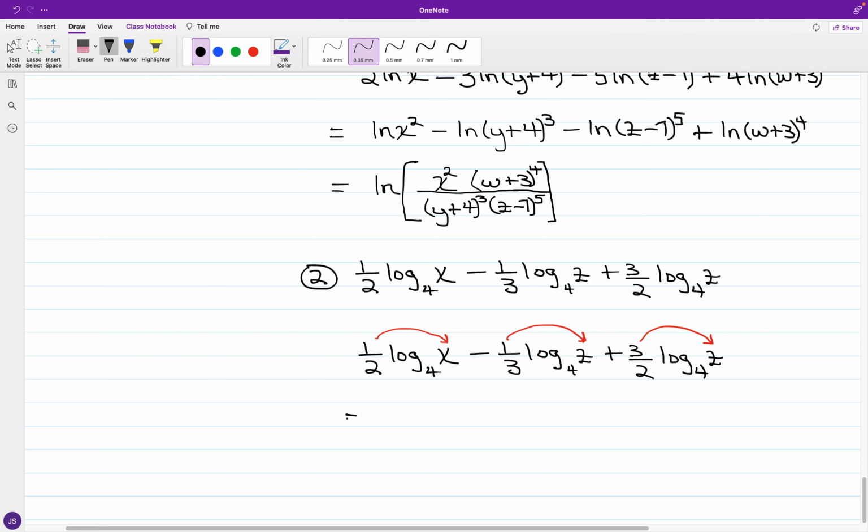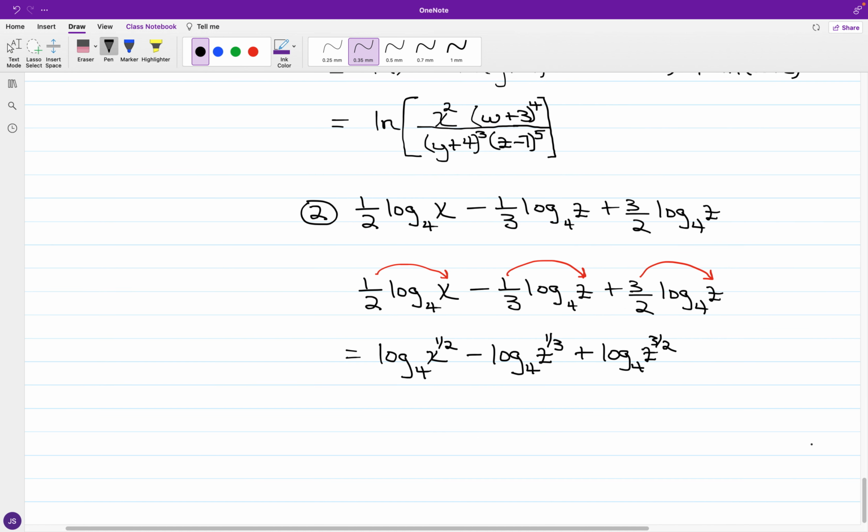For 1/2 of the base 4 logarithm of x, we have the base 4 logarithm of x to the 1/2. Then minus the base 4 logarithm of z to the 1/3. And plus the base 4 logarithm of z to the 3/2.